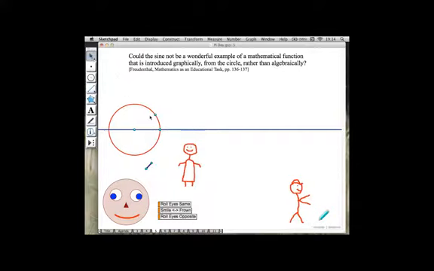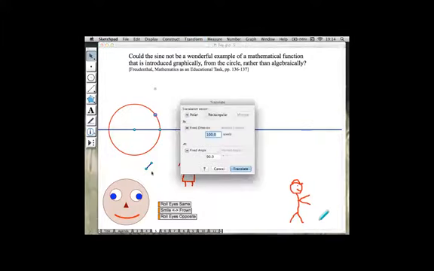So what we're going to do here is to make one of these figures go around the circle. To make her go around the circle, I've got to put a point on the circle, and I'm going to attach her to that point, but I want to attach her in a way that gives me a little bit of flexibility where she actually goes.